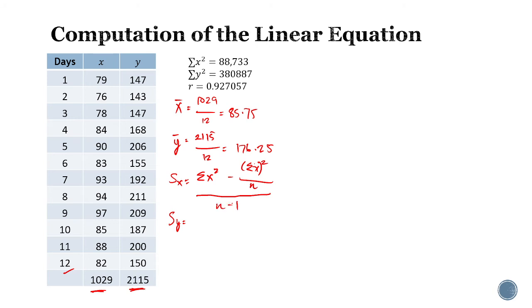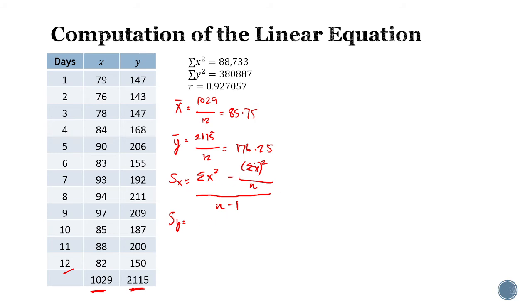So, yan yung ating standard deviation for x. So, basically, gagamitin mo lang yung mga values na to. Itong ating 88,733 at yung 1,029 tsaka yung 12 para i-replace yung mga values na yan.